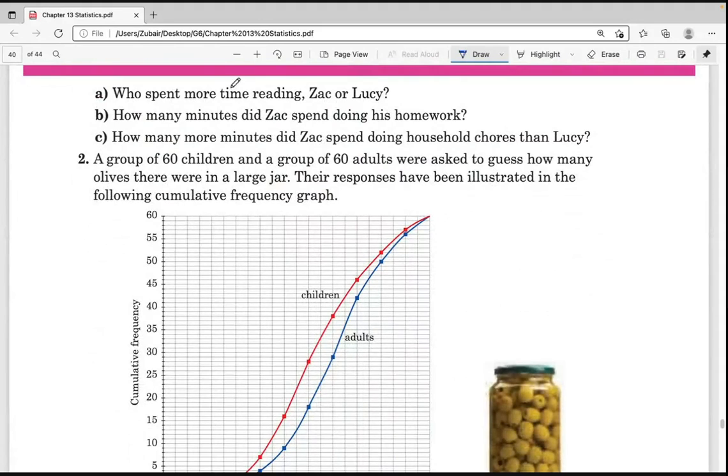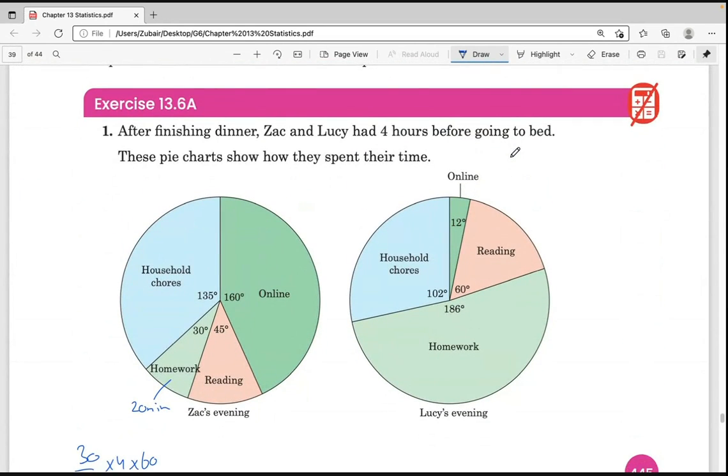How many more minutes did Zach spend doing household chores than Lucy? We will find out how much Zach did. It will be 135 over 360 times 4 times 60, which is 90 minutes. And for Lucy it is 102 over 360 times 4 times 60, which is 68.